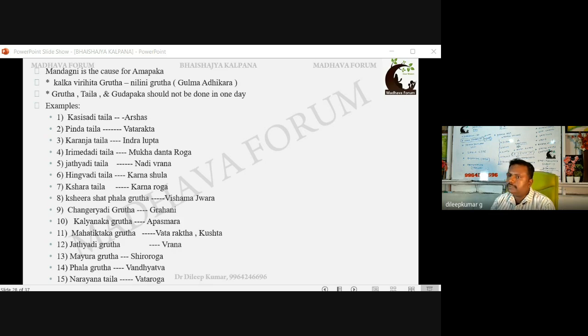Vamshalochana is also called Tugakshiri. Vamshalochana is the best Kaphahara dravya; Kaphahara action can be expected with Vamshalochana.